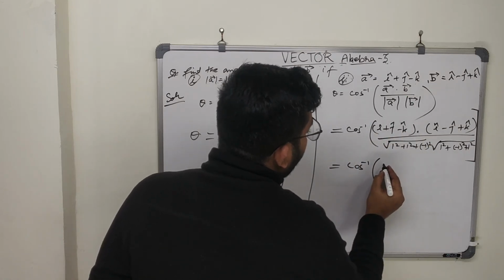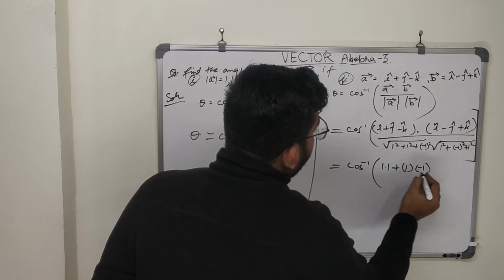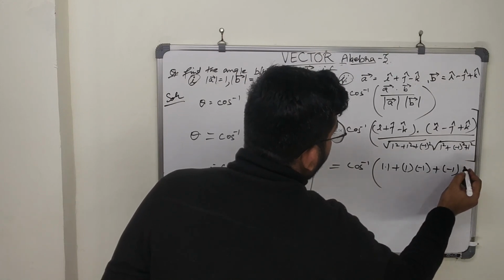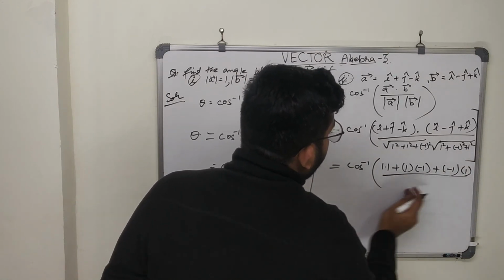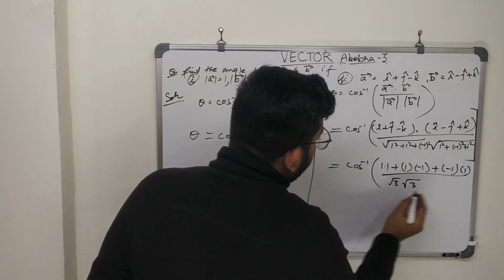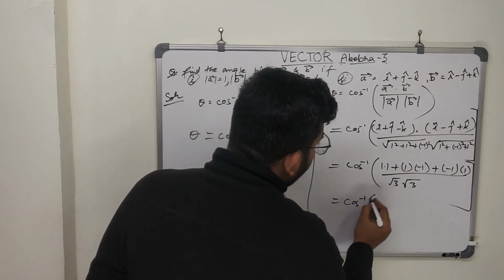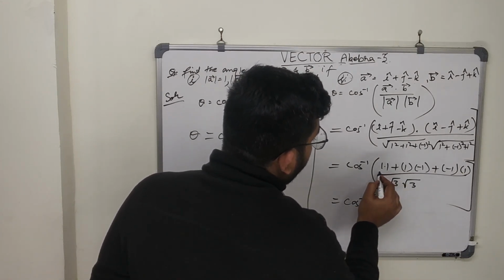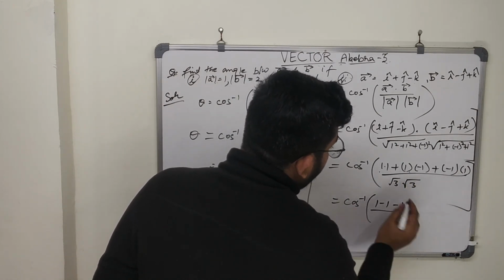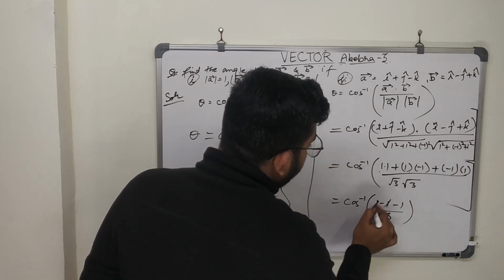This is equal to 1 into 1 plus 1 into minus 1 plus minus 1 into 1, upon, simplifying, under root 3 into under root 3, which is equal to 3. So 1 minus 1 minus 1, upon 3. The 1 and 1 cancel here.